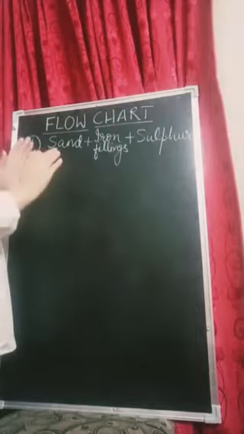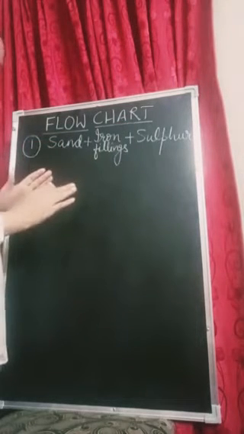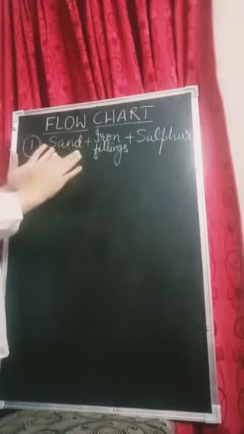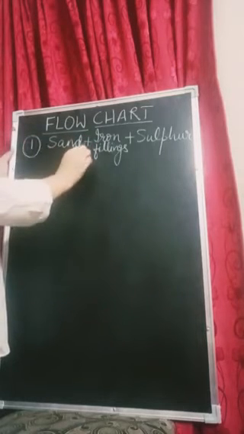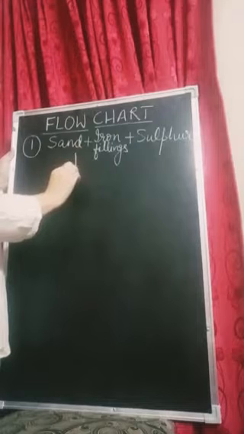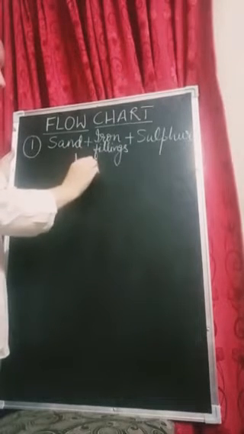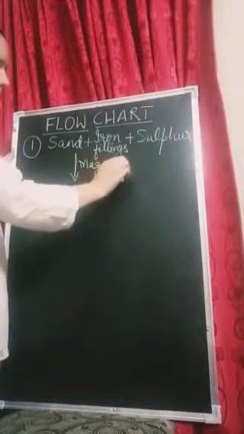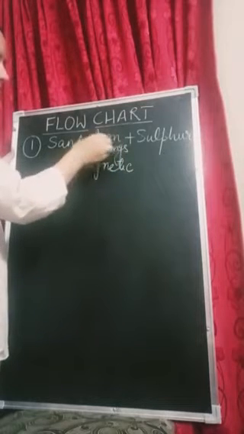Now all are dry things here. Okay, so what can be done in the beginning itself so that one component can be separated? So first of all we will use magnetic separation here because iron is present here.